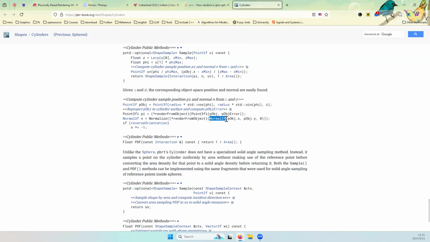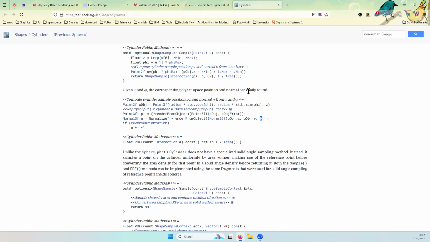Okay, normal is just derived from object position. That makes sense, the X and Y, the circle. Yeah, and this zero.